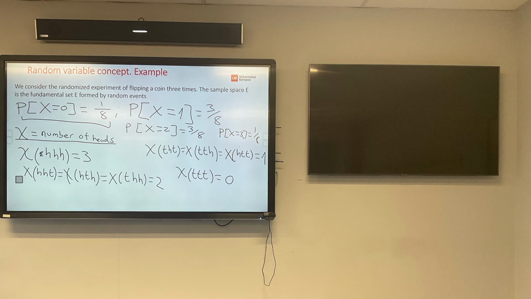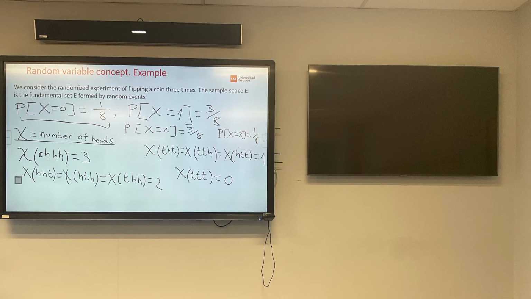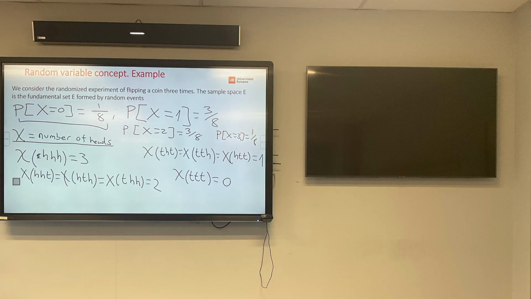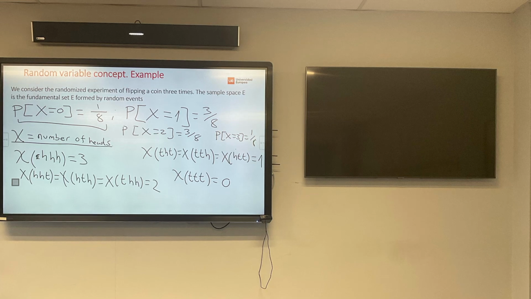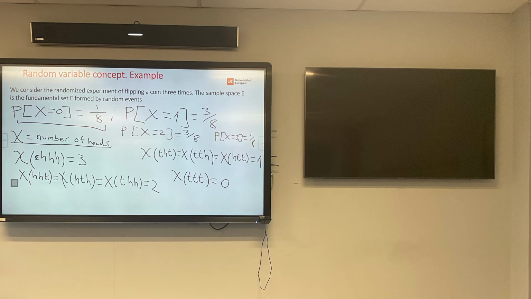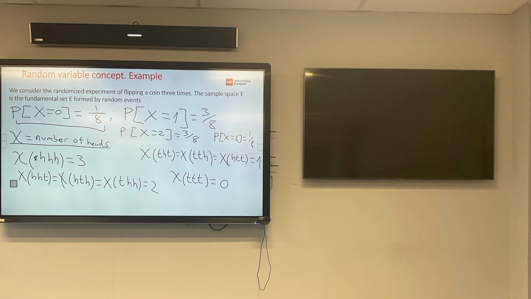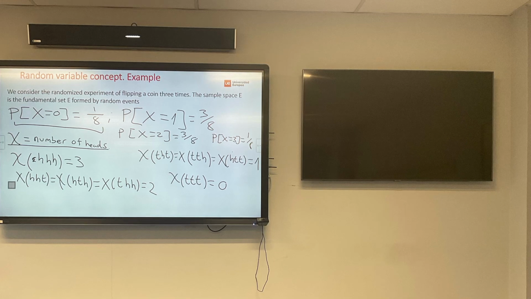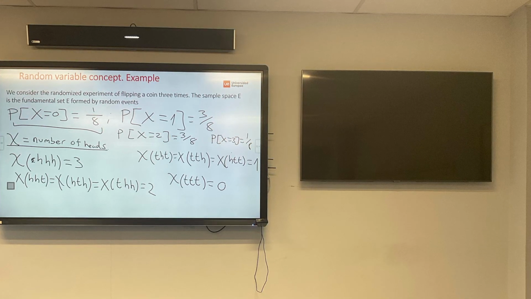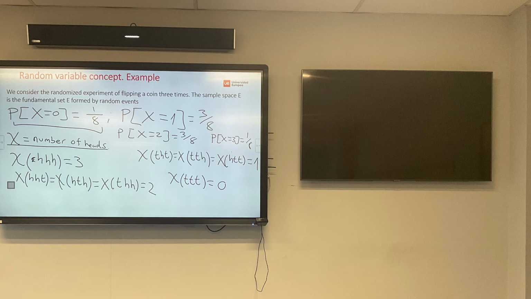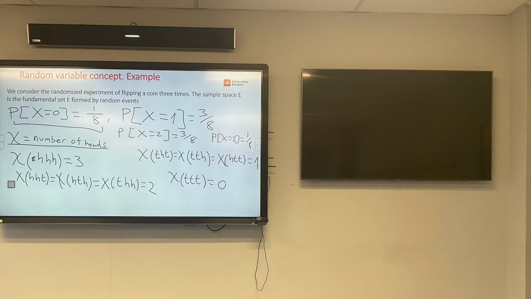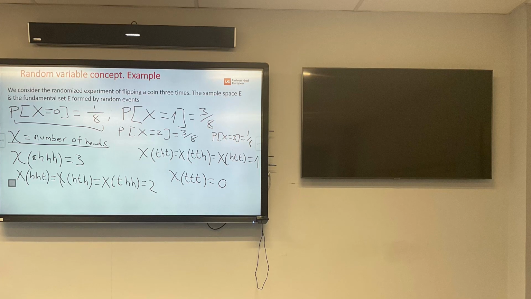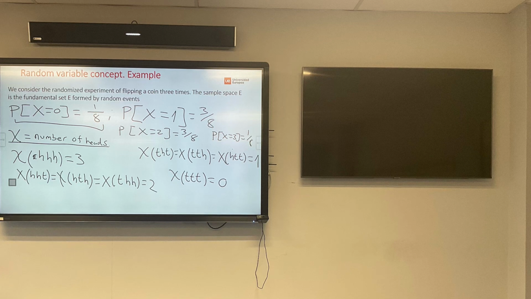Then what's the probability of getting one tail? Sorry, one head. What is the probability that my random variable is equal to 1? Yes, you're right.